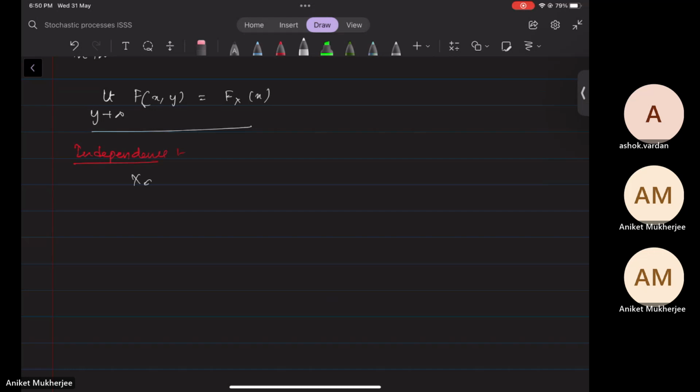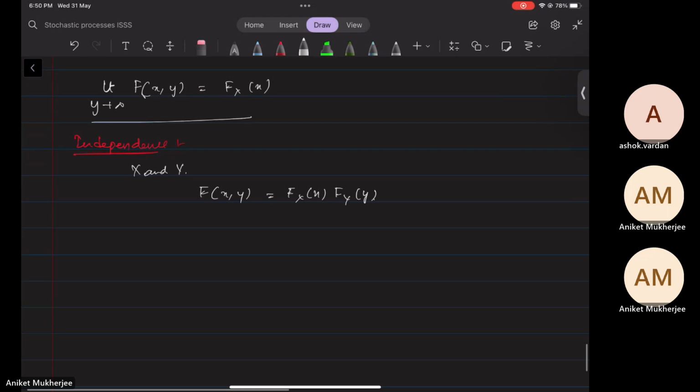So X and Y are random variables and they are independent if the joint distribution factorizes into the product of the marginal distributions. So this is independence. And then you have expectation.